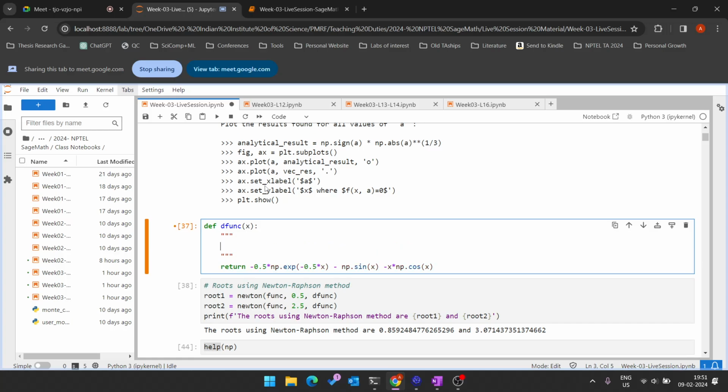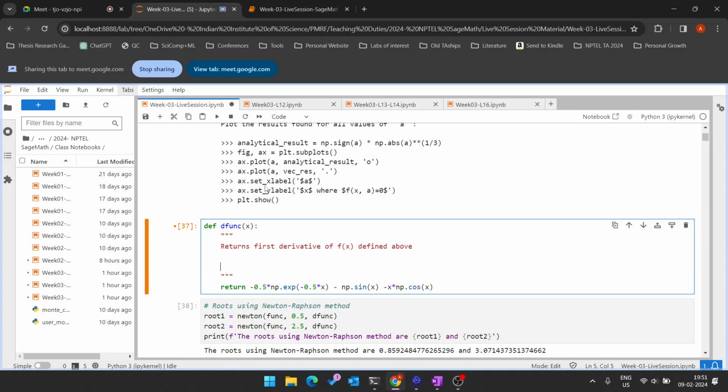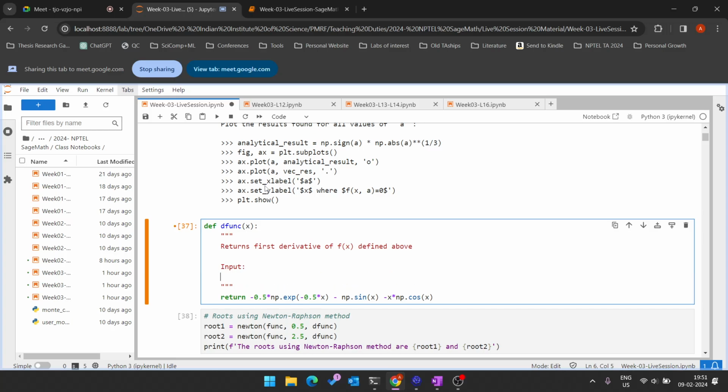So I'll do this: returns first derivative of f of x defined above, input x float, and I'll say that this is my value where the first derivative is to be implemented.